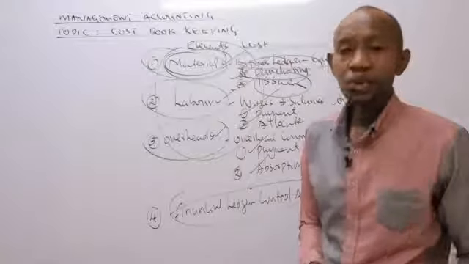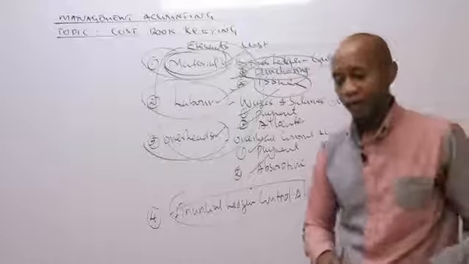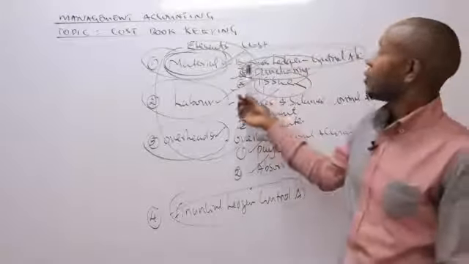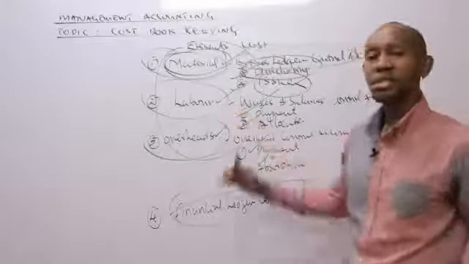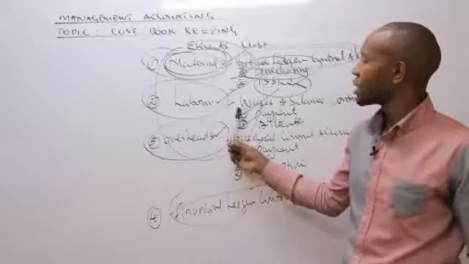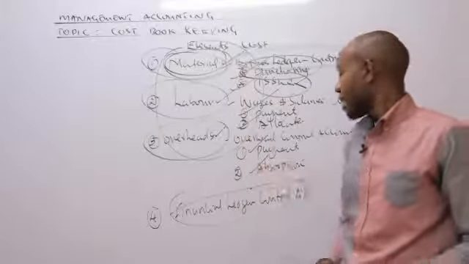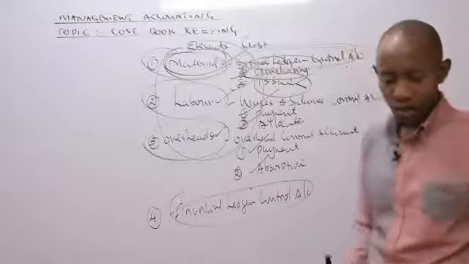So I want us to jump into an illustration from the past paper that will help me explain in further detail the transactions that we have captured here, those relating to material, labor, overheads, and the financial ledger control account.